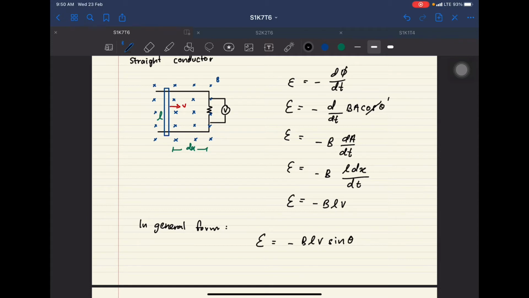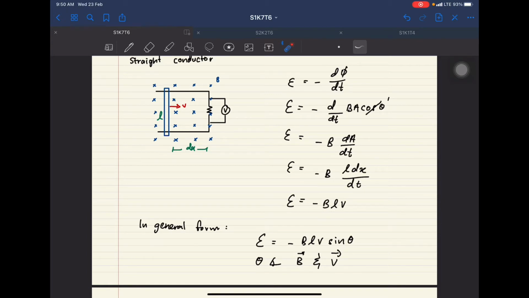Okay, and remember that this theta is the angle between B and V. In this case, the V is to the right, the B is going into the page, and this time it becomes sine 90 degrees. So you know that sine 90 degrees is 1 in this example. And for the direction, again, you have to use Lenz's law. So the negative here indicates the direction, Lenz's law.